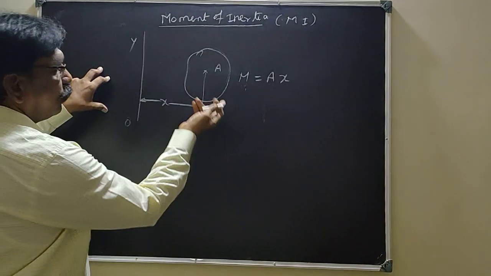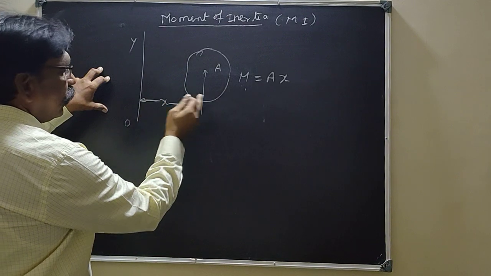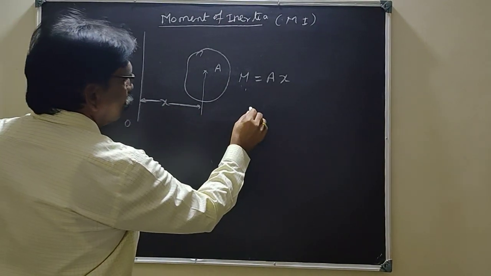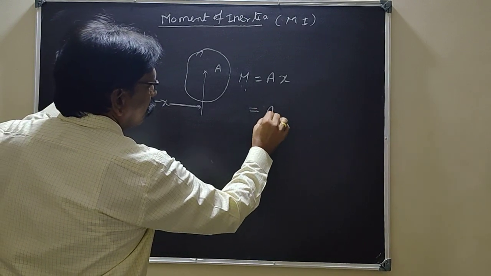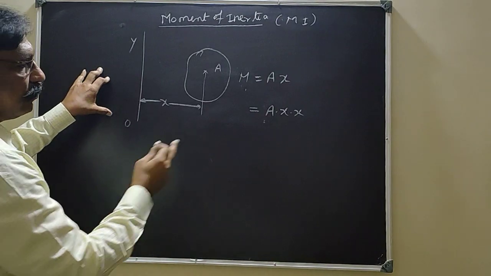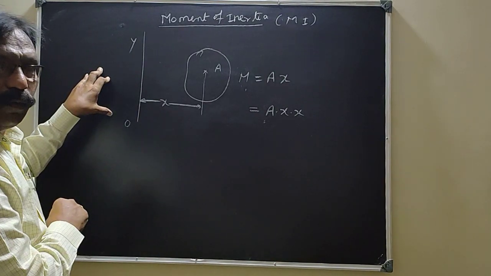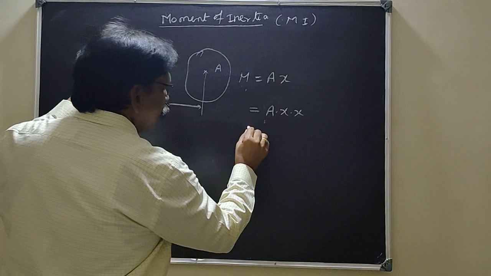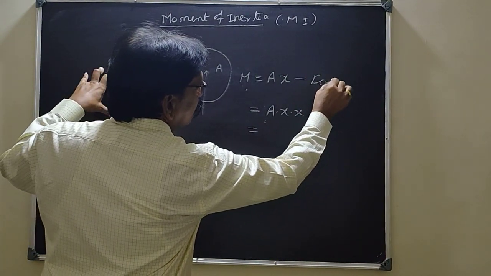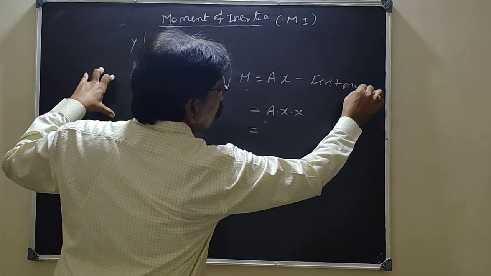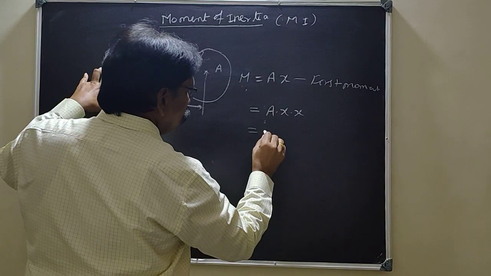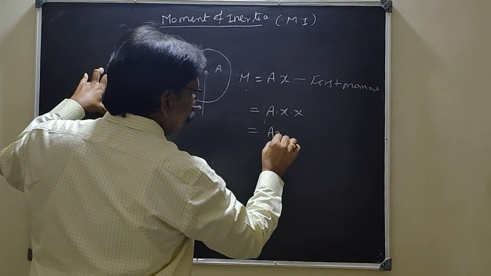Now if the same moment is again multiplied by the distance, then it becomes the moment of the moment. So that means A into X will be what we call the moment of the moment, or it is also called the second moment. This is called the first moment, and this is called the second moment.